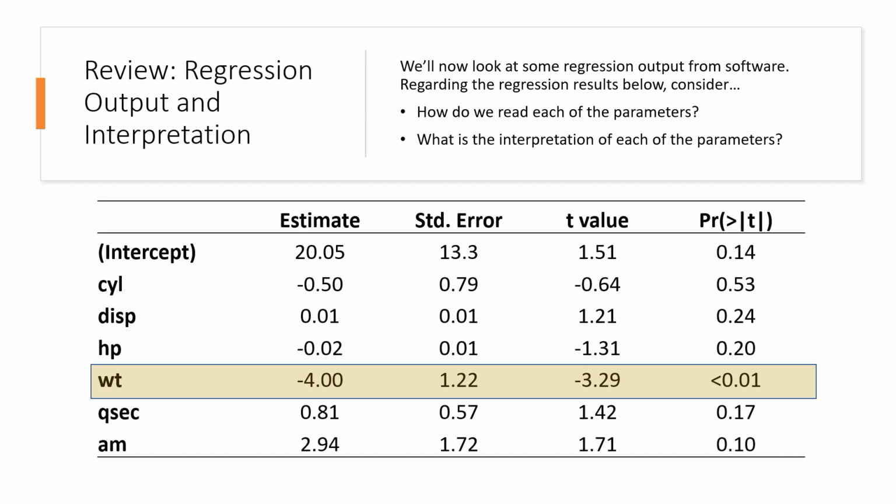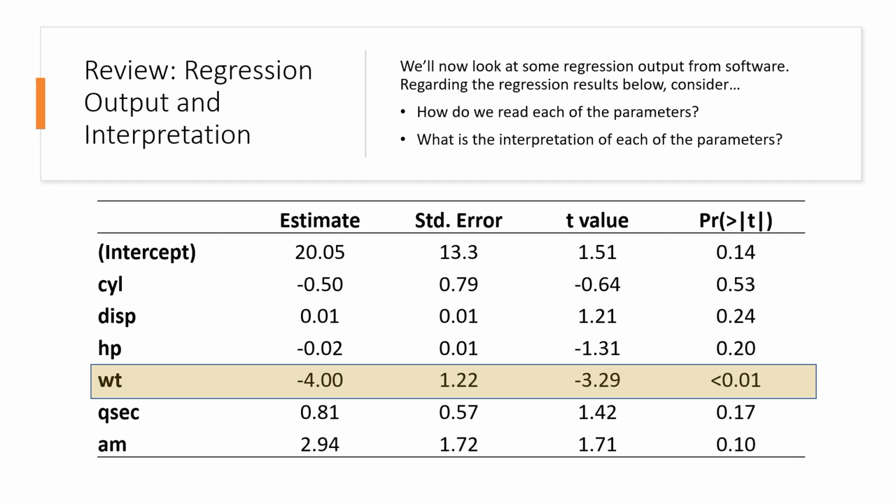It would change our interpretation. In this case, we interpret it as when weight increases by 1,000 pounds, miles per gallon drops by an average of 4 miles per gallon, all other variables being controlled for. But this comes from, again, the scale of weight. The scale of weight, while it affects the interpretation, does not affect the statistical significance.